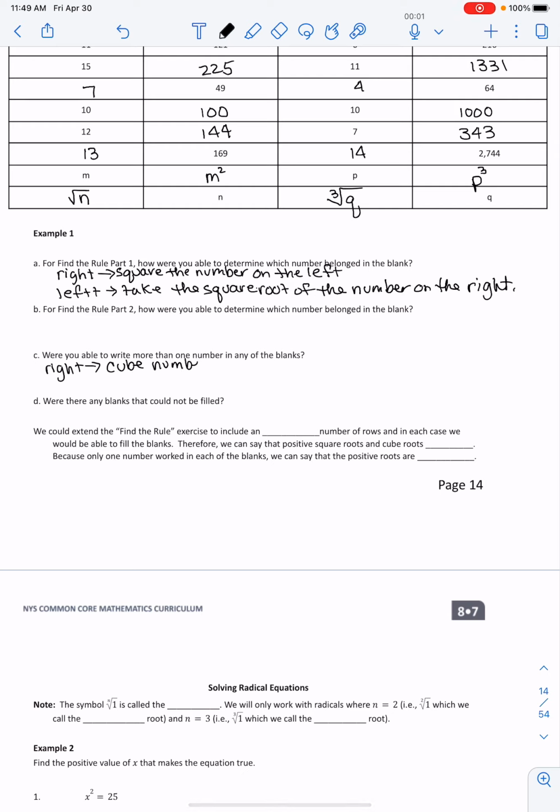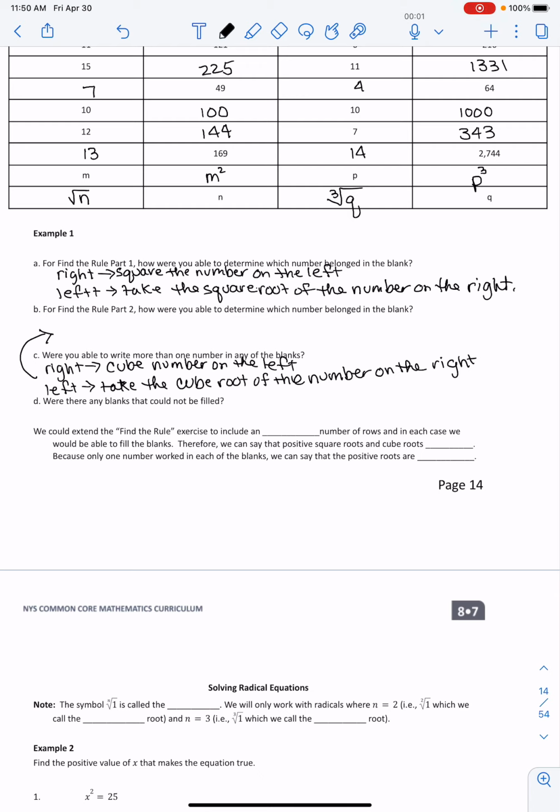On the left, we take the cube root of the number on the right. And this guy should go up here. Sorry, I wrote the wrong way.